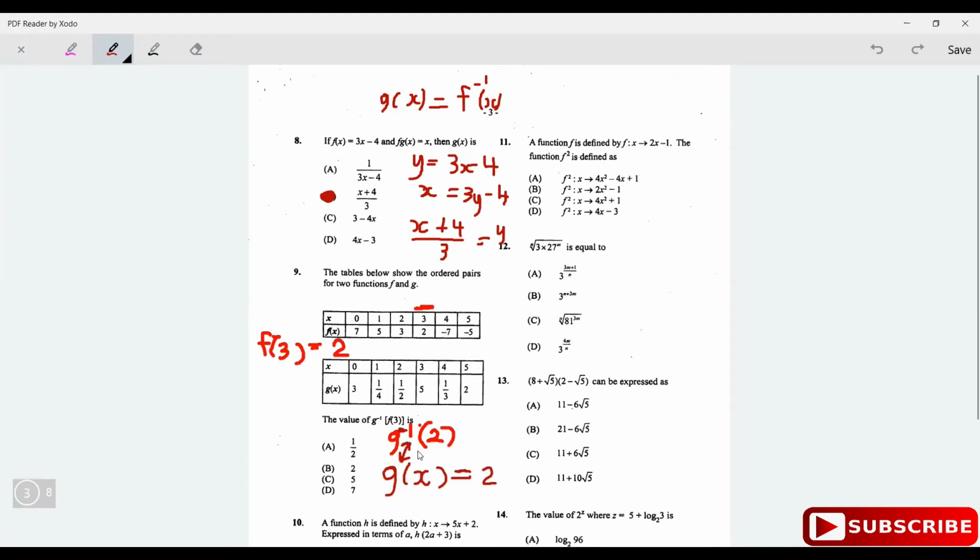These are the same. And so we look when g of x is 2, which is right here, and look at the corresponding value for x. That x value is 5. And so that means the g inverse of 2 is 5. Because if this is g of x, if you were to write up the g inverse function, you would interchange x and y. And so we get the x value is 5.